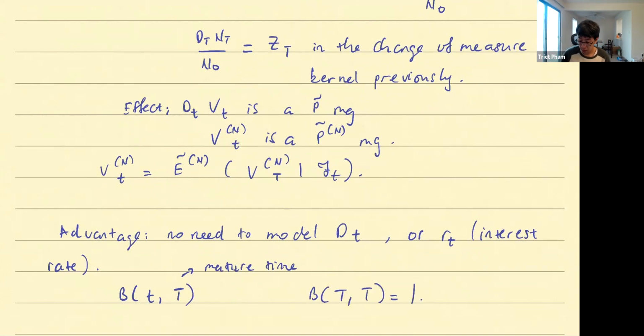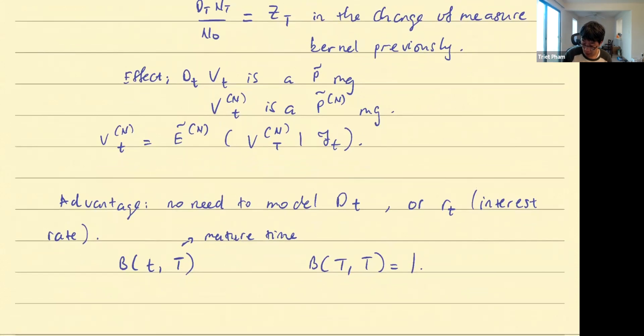Of course the question is, what is B(t, T)? Normally you would do something like this. You would say, well, it is this. That's acceptable, I guess, in the stock pricing, in the option pricing setup.